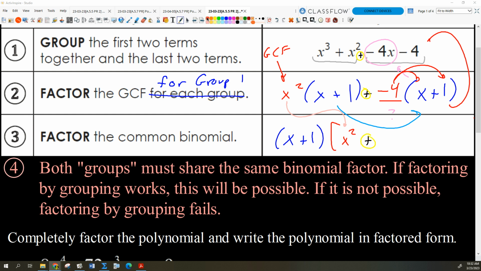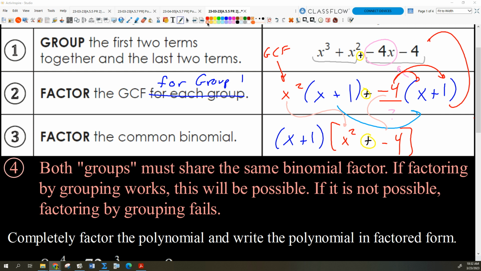And then what's left over from the second group? Negative 4. Everybody see that? See how that flows? And there it is. It's factored: x plus 1 times x squared minus 4. Make sense?